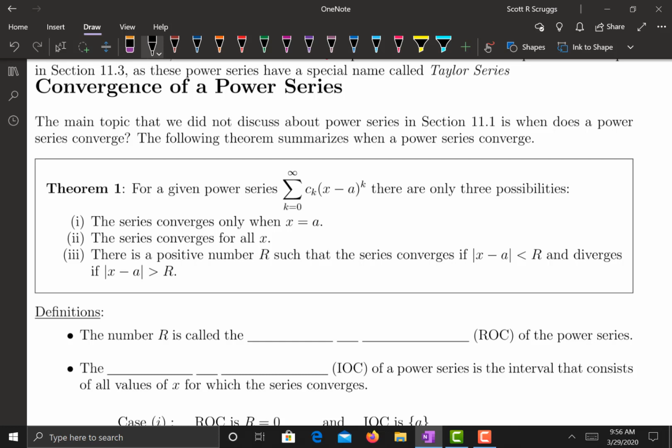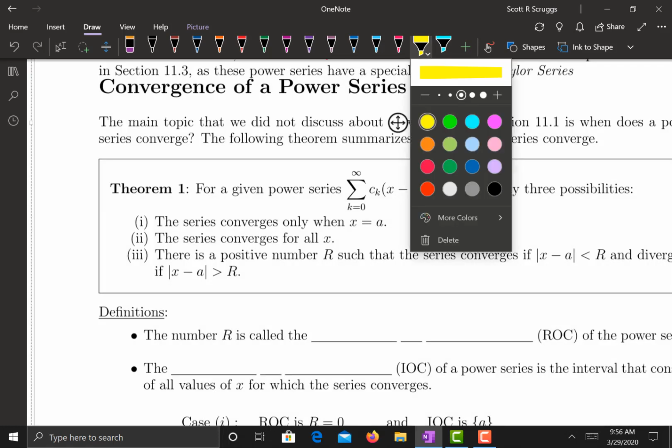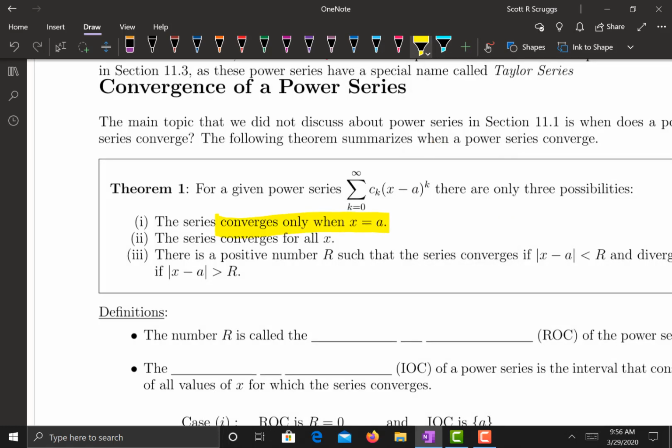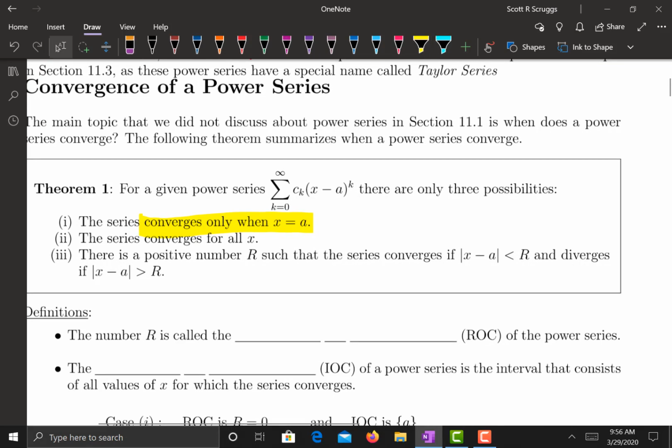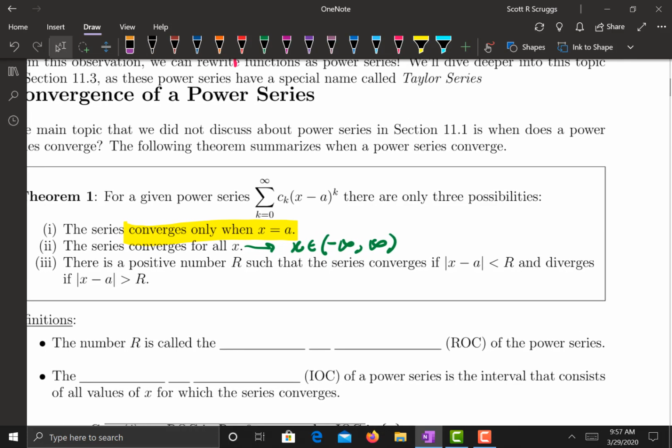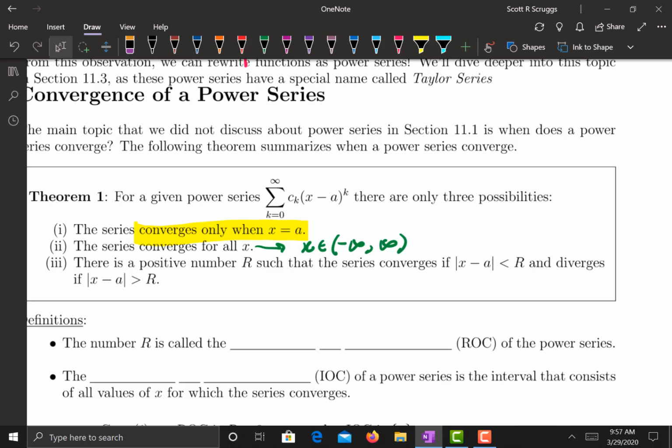If I have a power series, there are only 3 ways that this is going to go. Either the series will converge only when x equals a. Or it will converge for all x, which means that for any x in the interval negative infinity to infinity, no matter what, my series will always converge. However, 1 is too strict of a policy, and 2 is too loose of a policy.